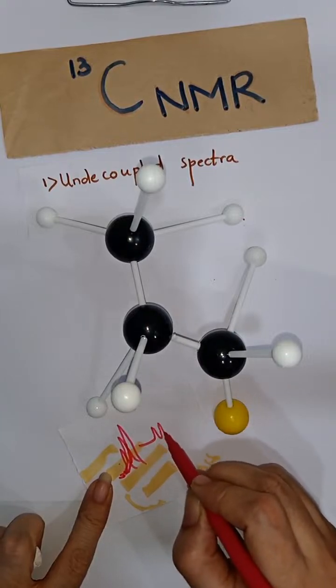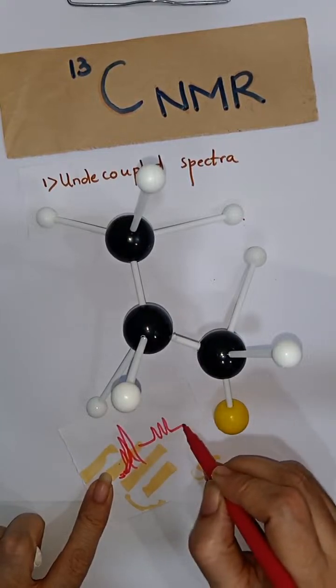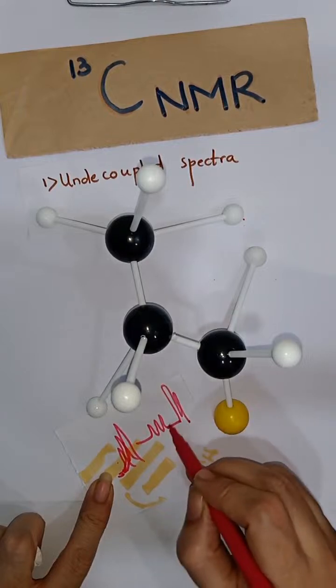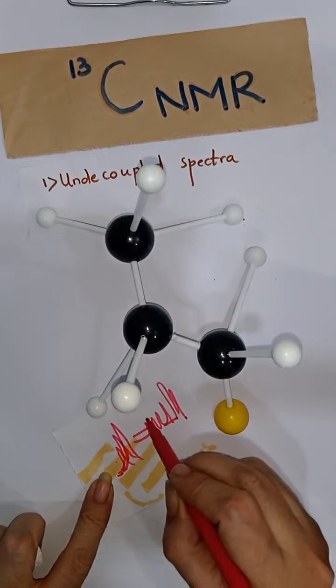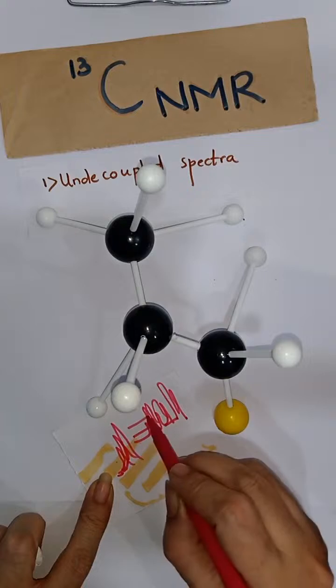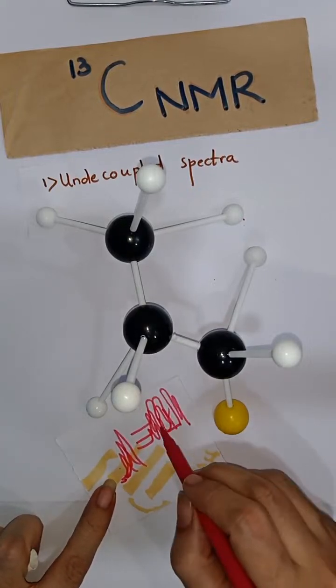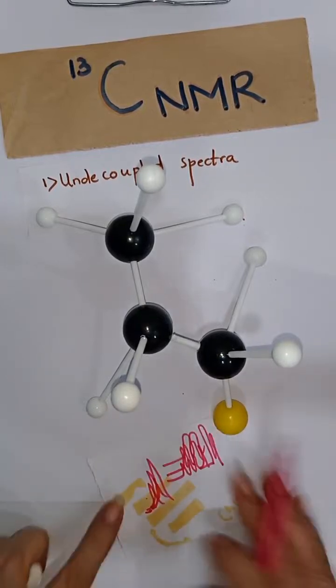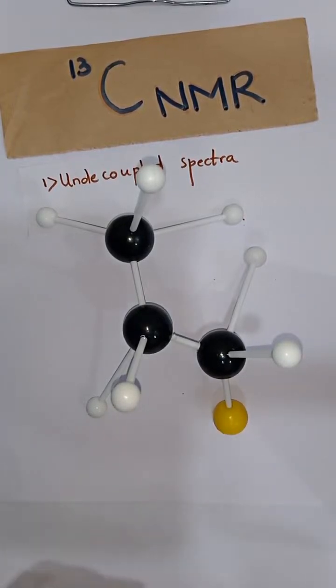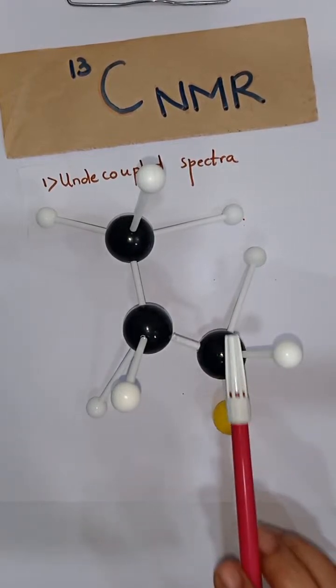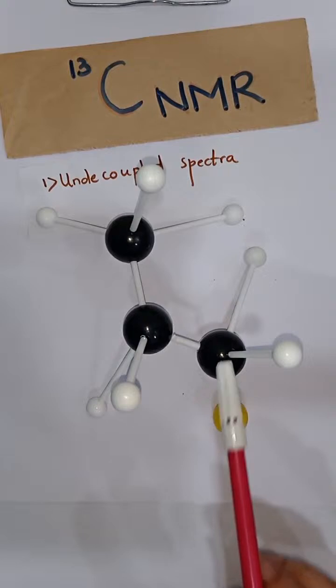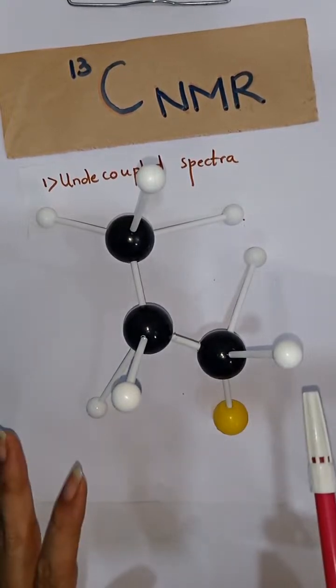Usually like this. So, overlapping within each other will be observed. So, identifying which spectra belongs to which molecule is difficult. So, undecoupled spectra are rarely used for structure determination.